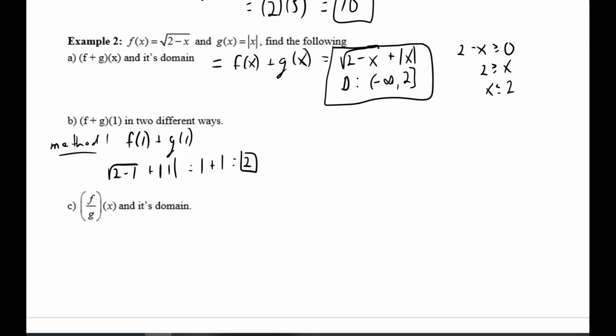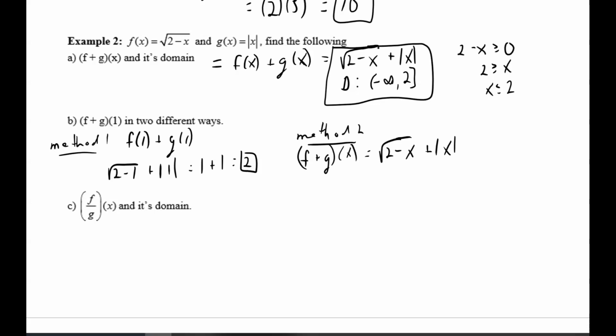Okay, now let's look at method 2. Now most of you will prefer to do method 1. I showed you that one first, but I just want you to see that you can do this another way. So you can first define the function f plus g of x. So f plus g of x, we know, is the square root of 2 minus x plus the absolute value of x.